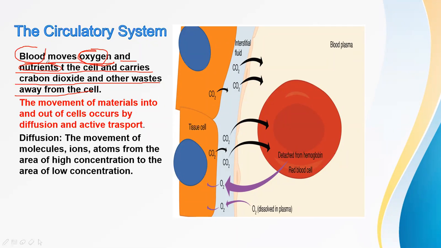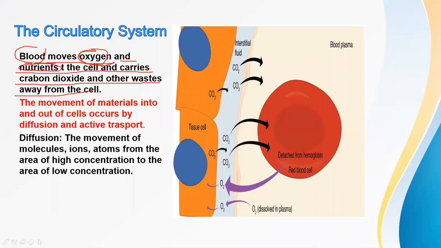When you take food, in the digestion process, the food breaks down into small, simple molecules. For example, starch breaks down into sugars, fats break down into fatty acids and glycerol, and proteins break down into amino acids.